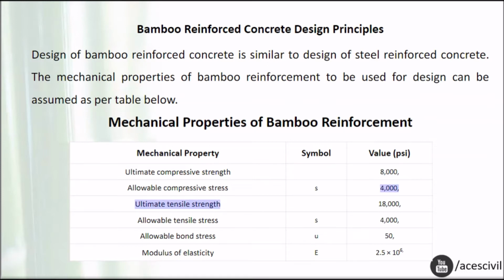Ultimate tensile strength: 18,000. Allowable tensile stress, S: 4,000. Allowable bond stress, U: 50. Modulus of elasticity, E: 2.5 times 10^6.